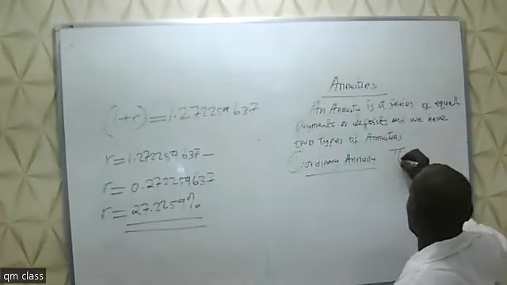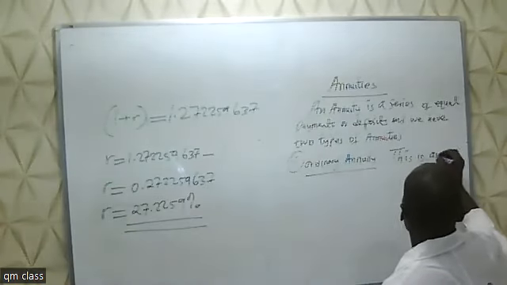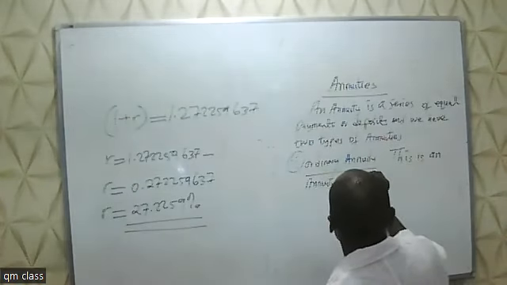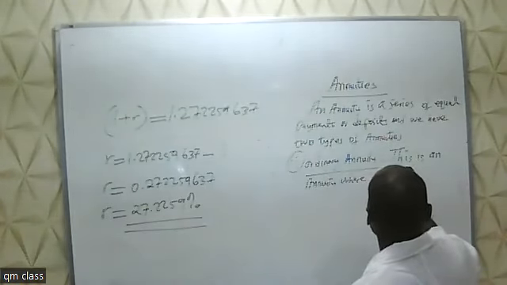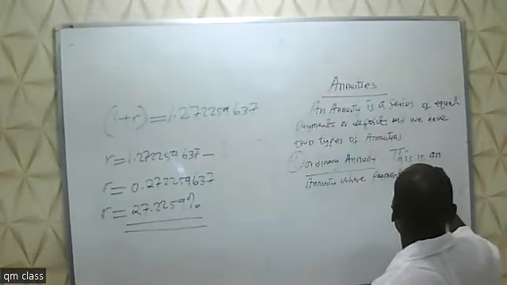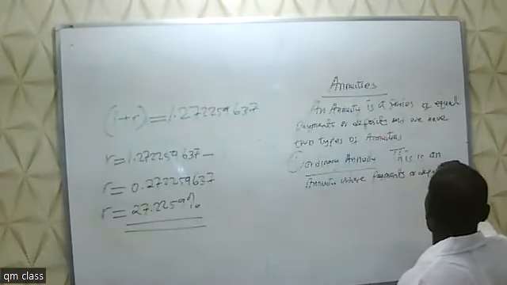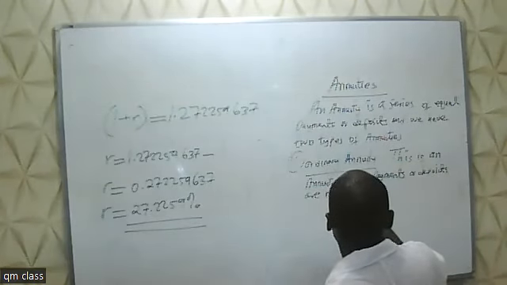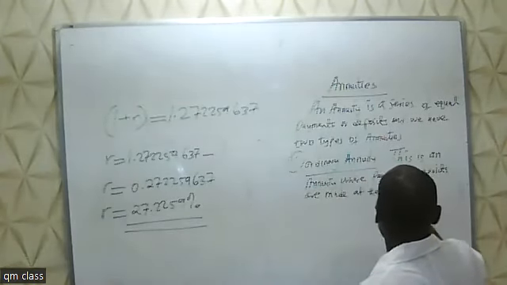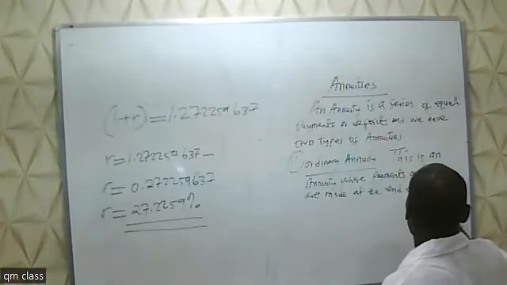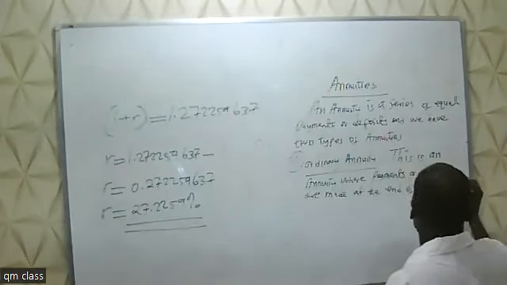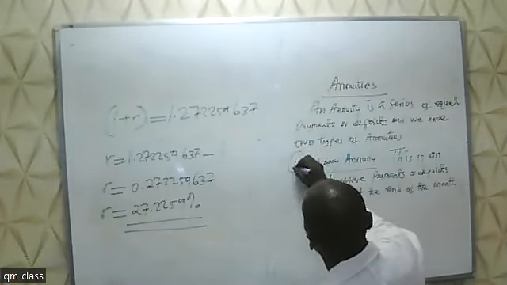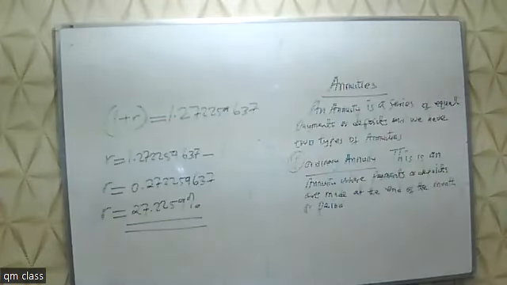So we simply say this is an annuity where payments or deposits are made at the end of the month or period. That is one, ordinary annuity.